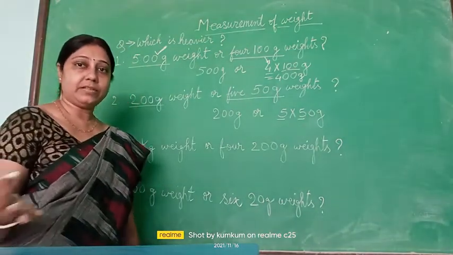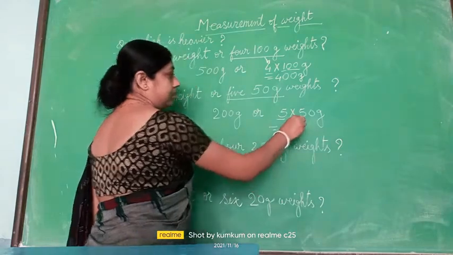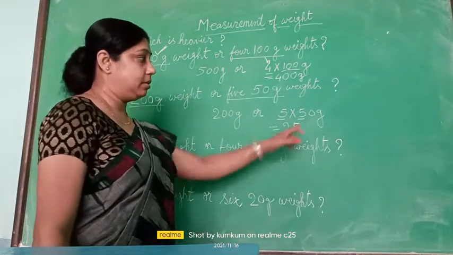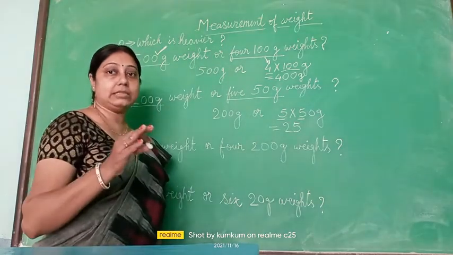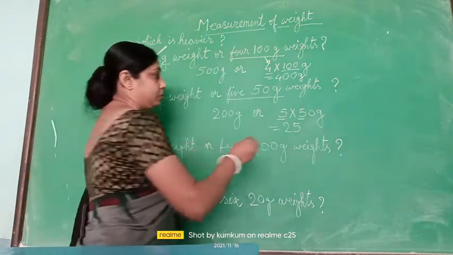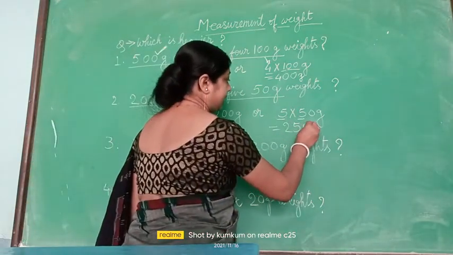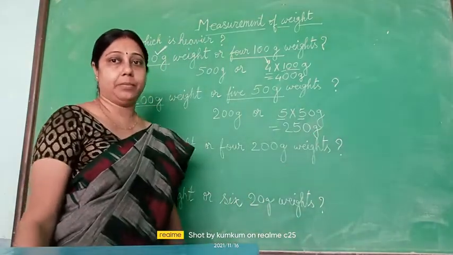You know 5 5s are 25. So I am writing 25 and only 1 zero is there. So what I will do? I will add this 0 with the number that I got after multiplication. So after 25, I add 0 and it has become 250 gram.